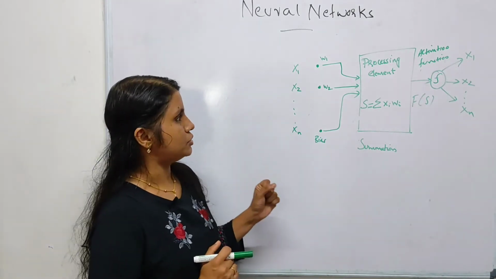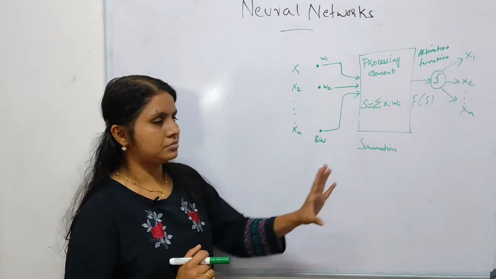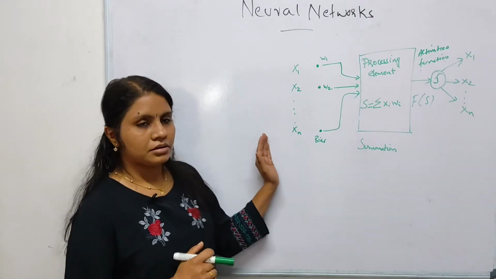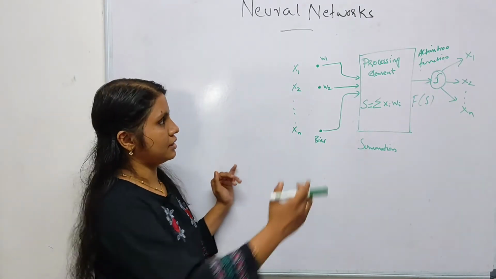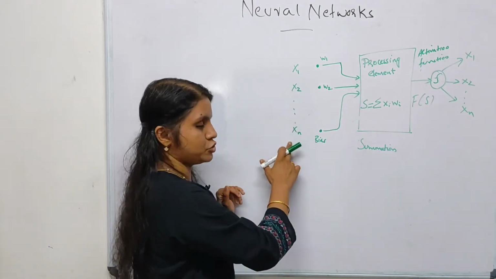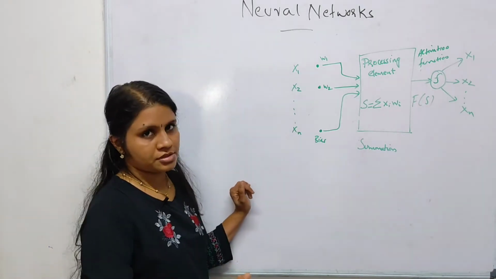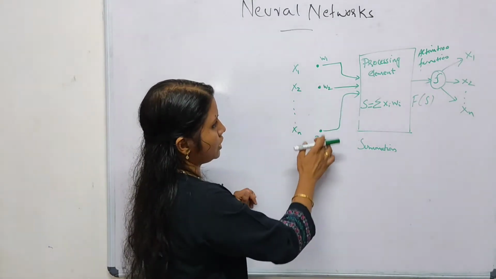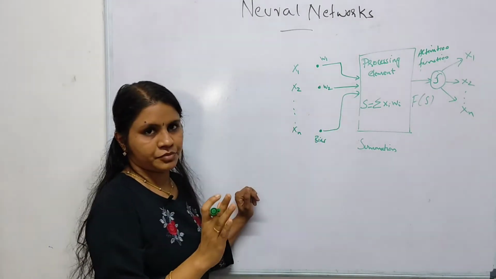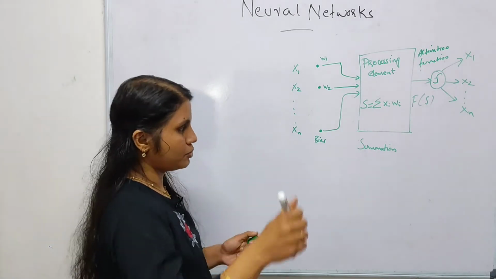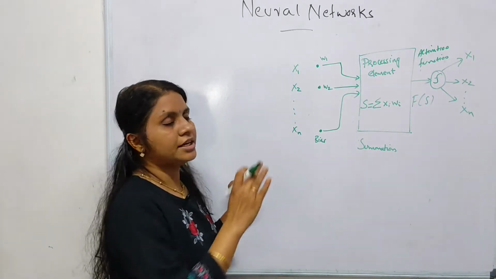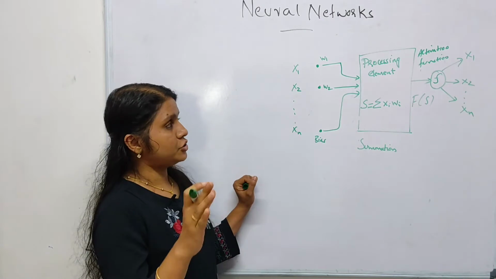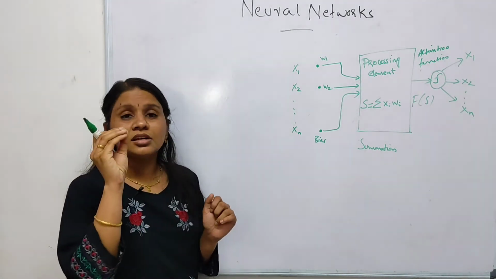You can see this diagram of the structure of the neural network. You can see several inputs like x1, x2, up to xn. These are the inputs to the neural network, and w1, w2 are the weights.